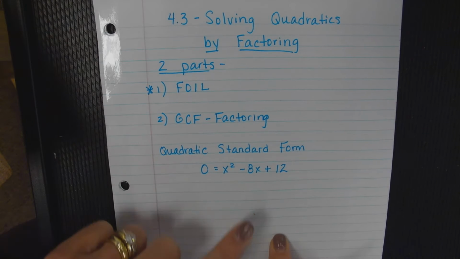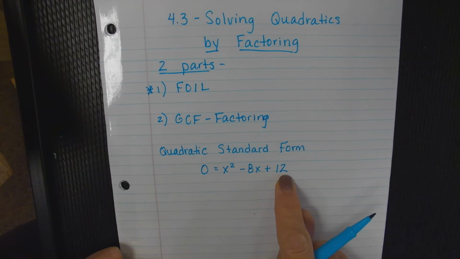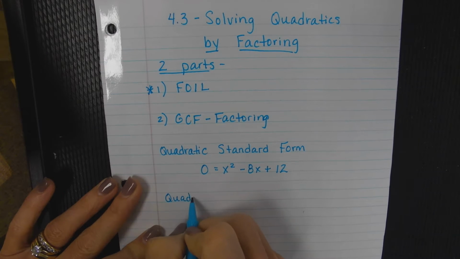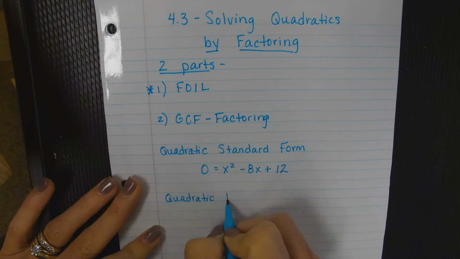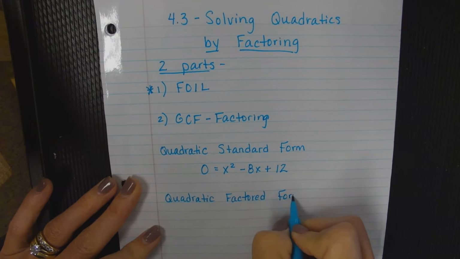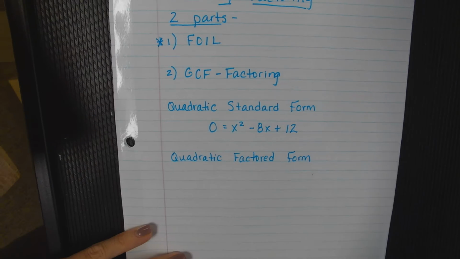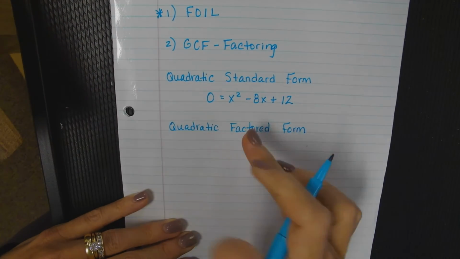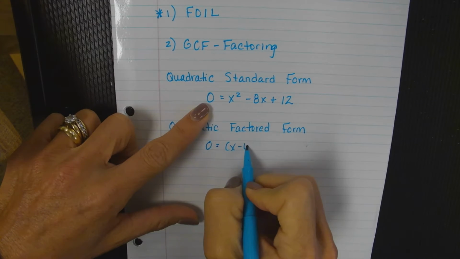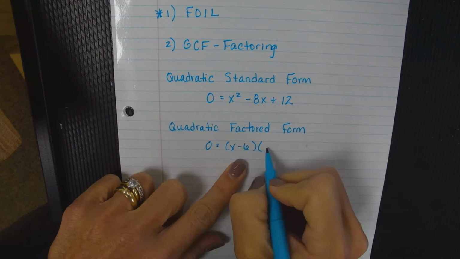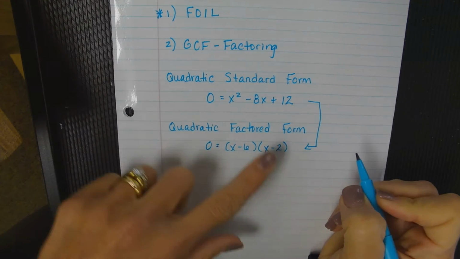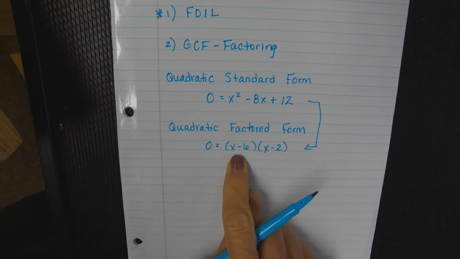It's going to be a parabola when graphed. You have A, B, and C. The quadratic's factored form is going to look like this. This equation is what we call the factored form.